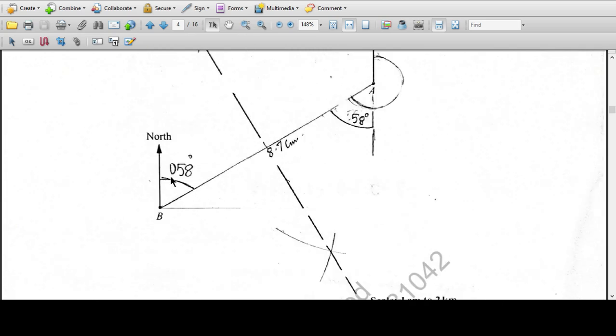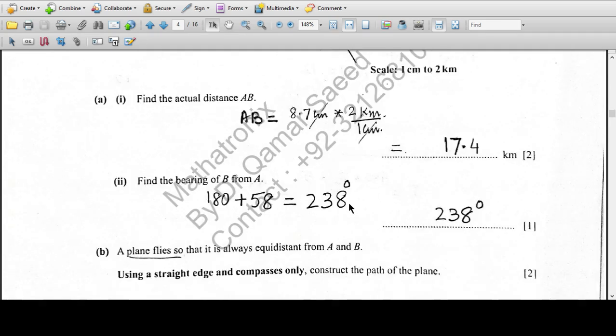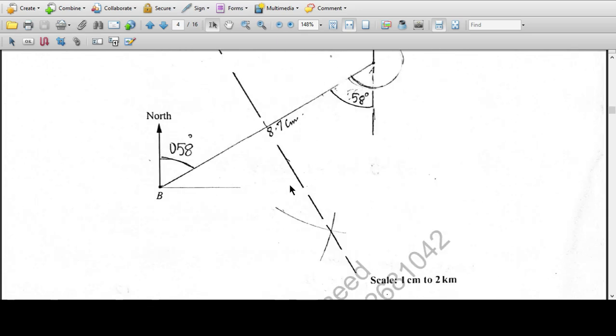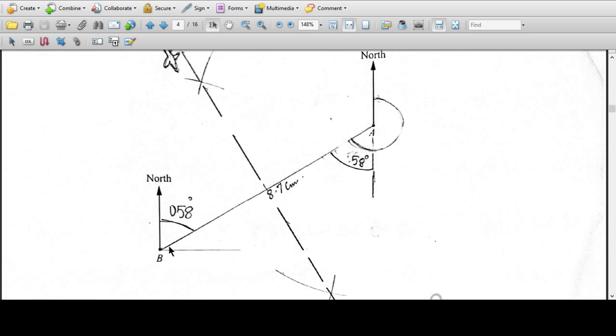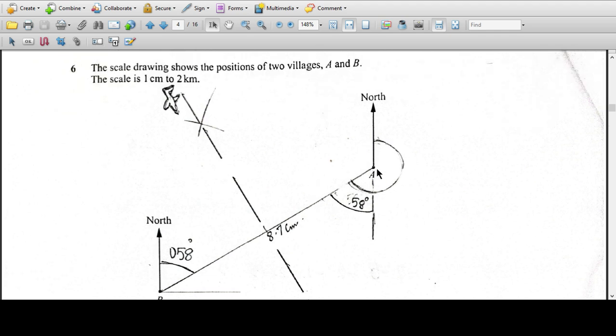In part B, find the bearing of B from A. So we have to find the bearing of B from A. From this point to this is the bearing. So this is the bearing of B from A. We have already drawn this line, and now we will measure this angle using a protractor, and we have obtained 58 degrees, and this is the north and this is the south point.